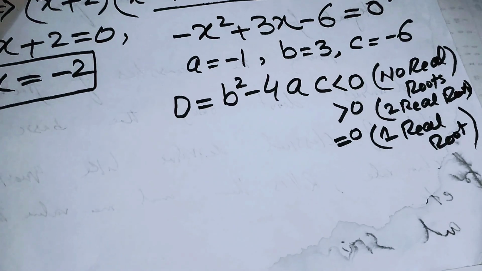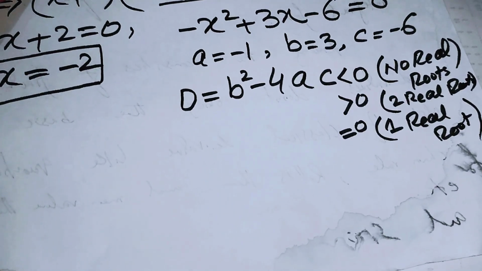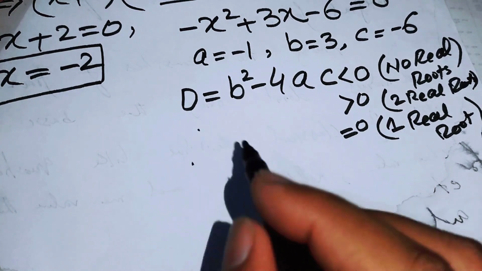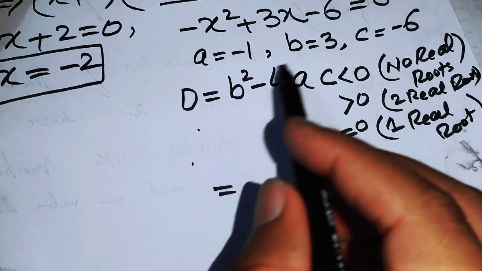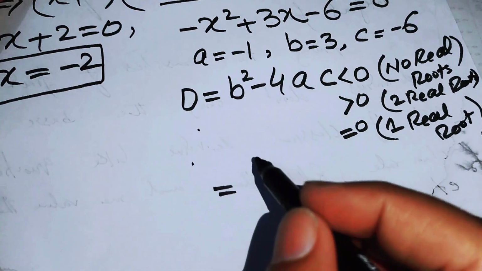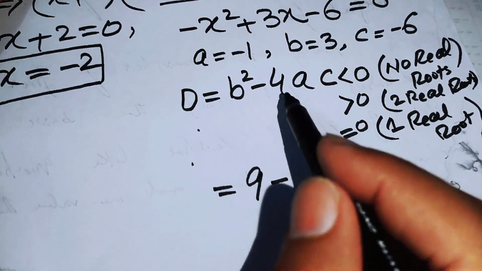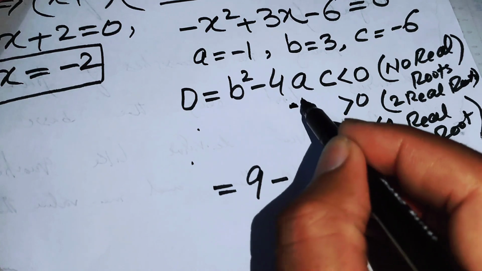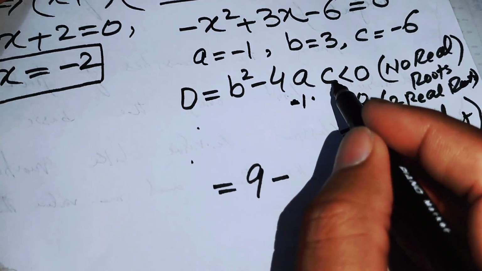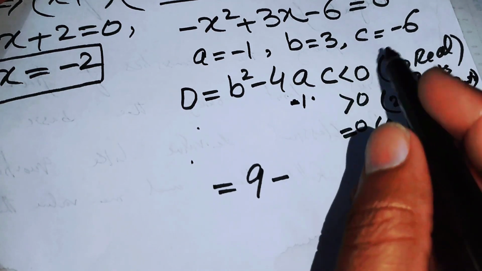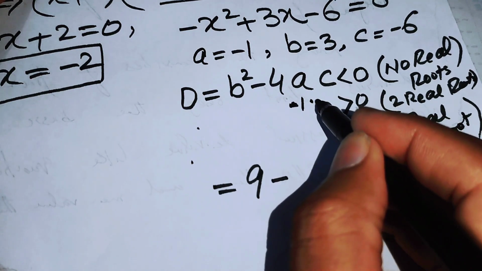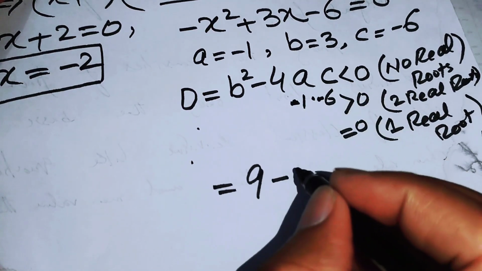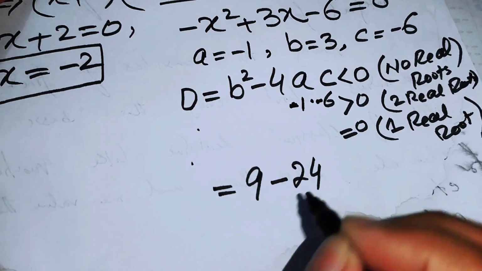So now I can put the values of a, b and c and check the behavior of D. The value of b is 3, so when we put it here, it becomes 9 minus 4 times a and c, where the value of a is -1 and the value of c is -6. So here you get minus minus plus, and 6 fours are 24.